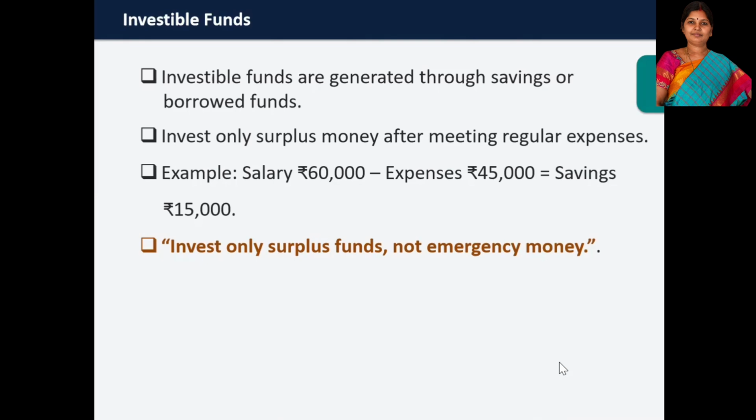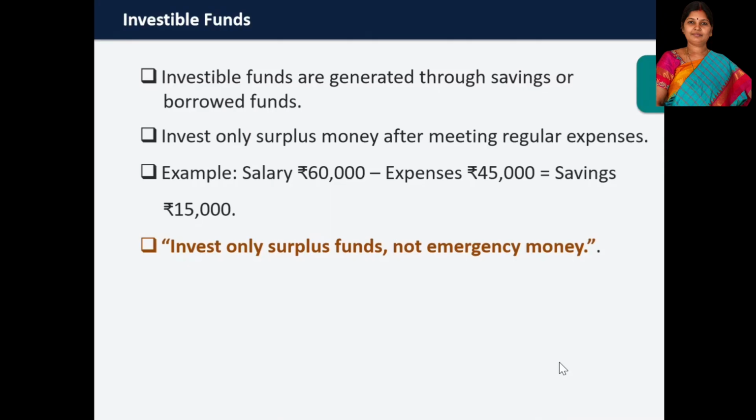You will invest only the surplus money after meeting all your regular expenses. See, here I gave one example. If a person's salary is 60,000 and the expenses he has to bear are 45,000, how much is remaining? 15,000. That 15,000 he can invest, right?